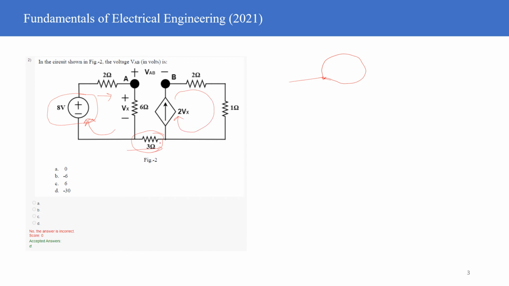It cannot go in this path because if this current goes here, it does not have any path to return back. It cannot return by the same path because there is no voltage difference, and it cannot flow if there is no voltage difference. So this current will not find a path here, and this current similarly will not find a path here. So no current flows in this particular 3 ohm.